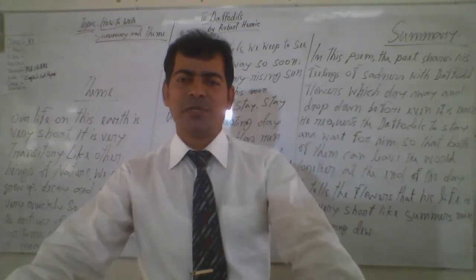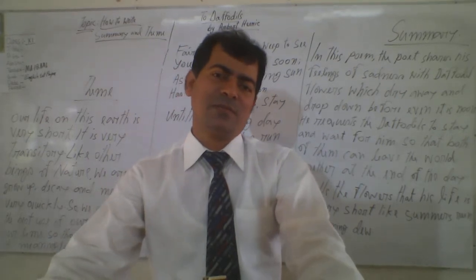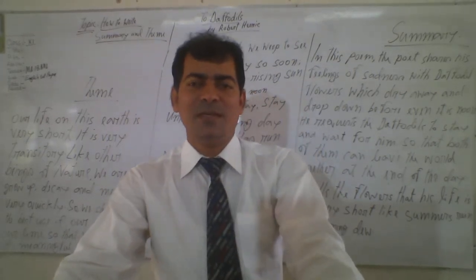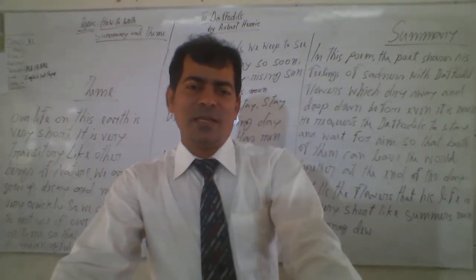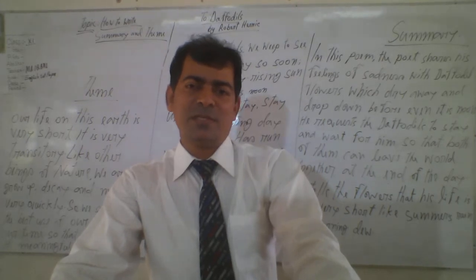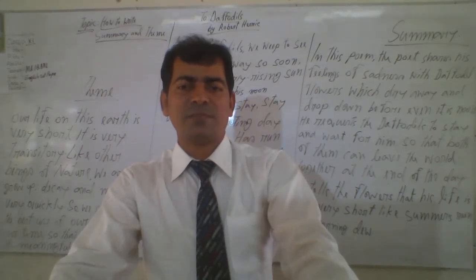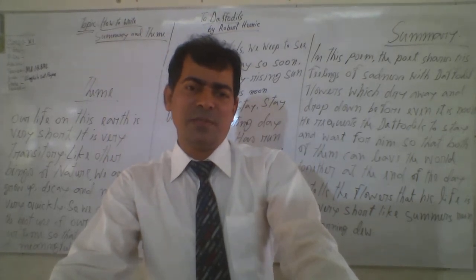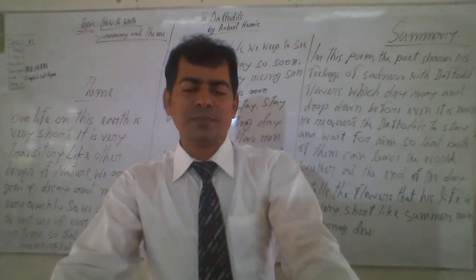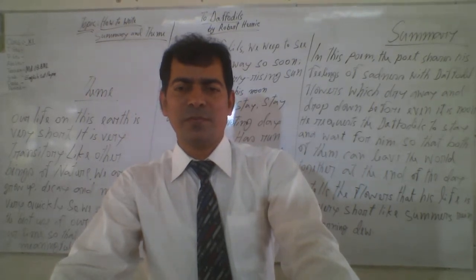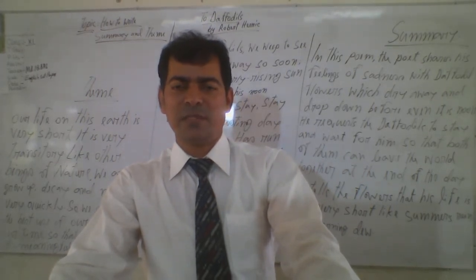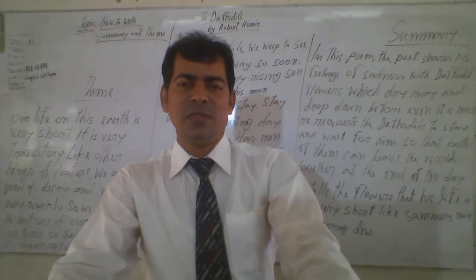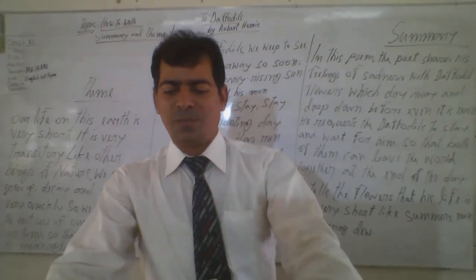Now you may ask me a question, sir, how can we understand what the internal message is? In that case, I'd like to suggest that you need some more practice on this topic, then you will understand it better. So dear students, for further understanding, further practice, I'd like to assign you some more poems.